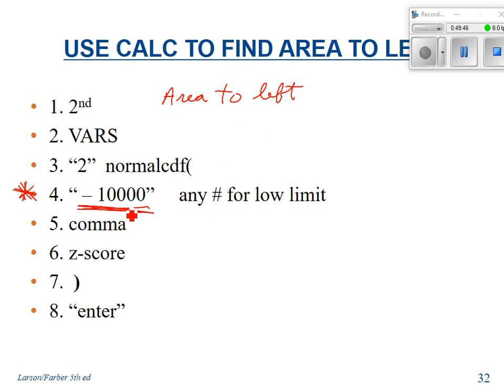You could punch in negative 100, negative 1,000, and that's plenty far down there. That's going to include everything to that side of the graph.